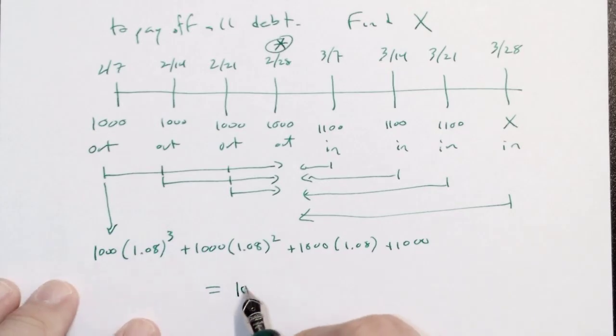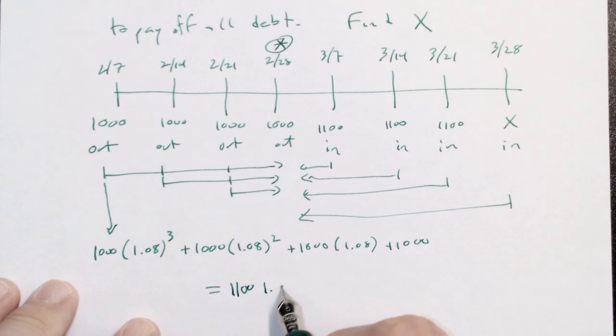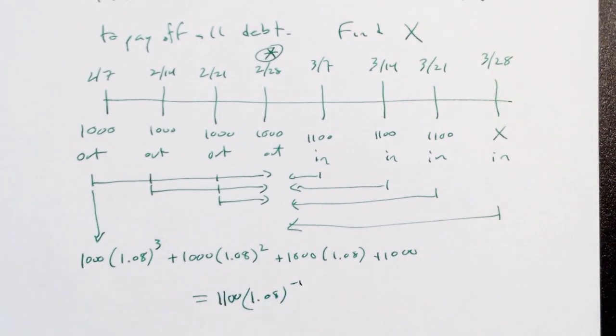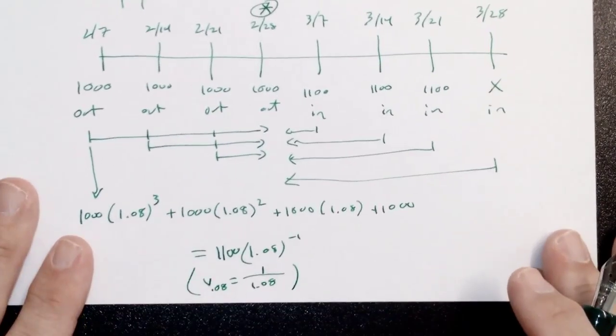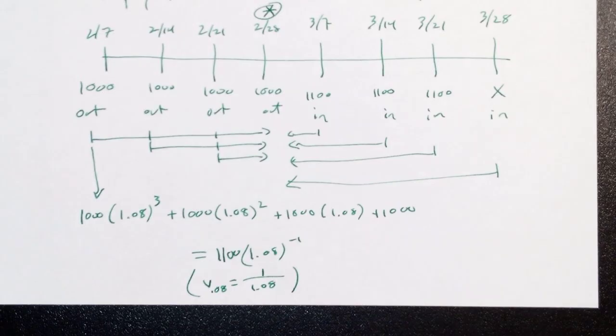So I could also write that as 1,100 times 1.08 to the negative 1, right? Moving back in time, the t value is negative. Divide by 1.08 or use V 0.08. Those are all equal to each other, right? So use whichever notation you'd like there. What about the March 14th payment?